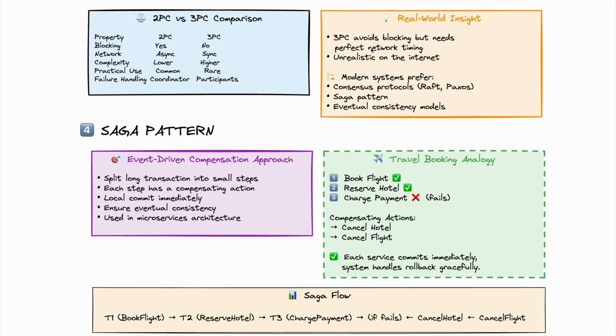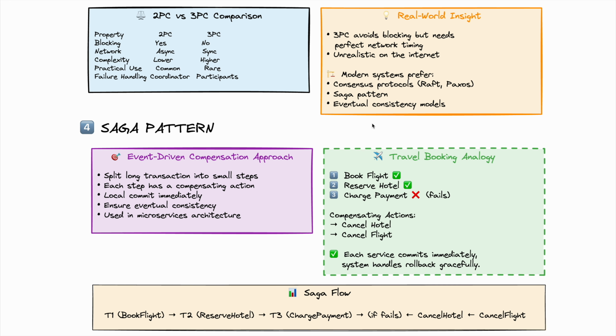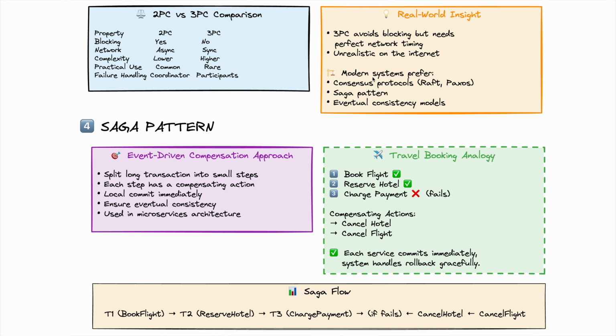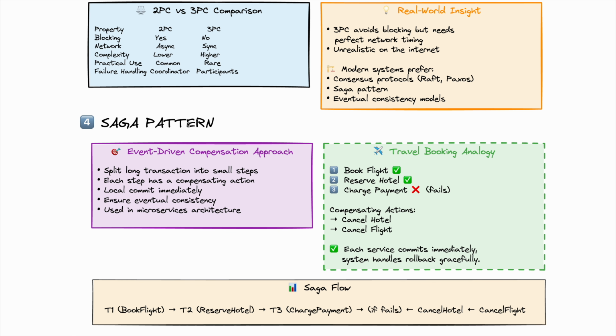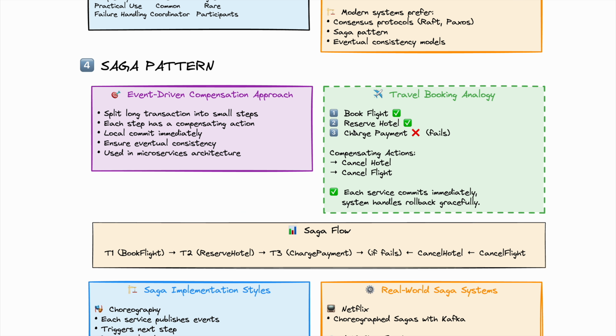The network timing is crucial here, so that's why it's unrealistic on the internet. Modern systems prefer other patterns. Instead of 3PC, we usually use consensus protocols such as Raft, and we also use the Saga pattern, which we are going to talk about next, and eventual consistency models.